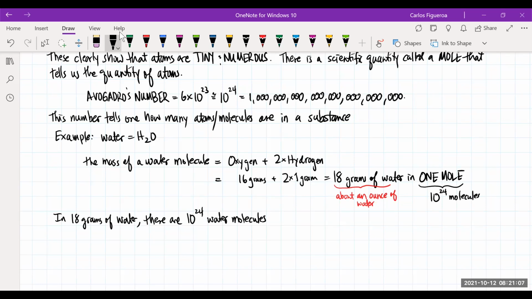And that's where I want to go. What does this mean? What does 10 to the 24 mean? It is such an enormous number. It's a joke.